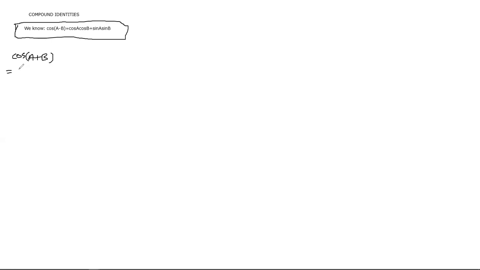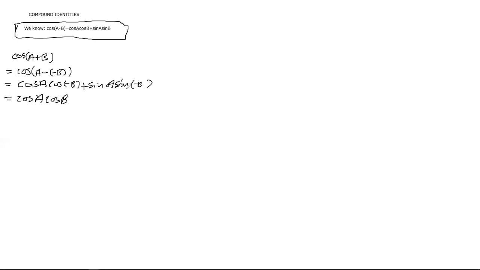So now we're going to go cos(A minus negative B). You see that? Now we apply the formula. This should be cos A, cos of minus B, I should have a plus there, sine A, and sine of minus B. Then this is cos A cos B. We did negative angles, and this is exactly why they come in handy now.